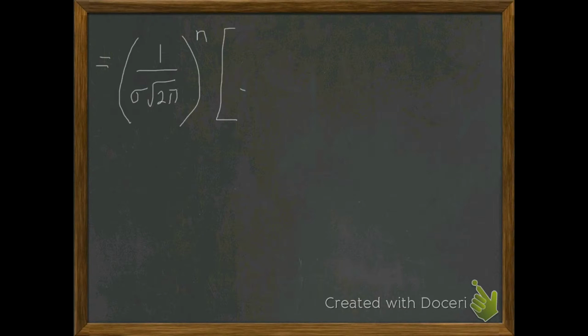So it should be no stretch of the imagination that we're going to have base e, and we're going to have negative x1 minus mu squared minus xn minus mu squared, all divided by 2 sigma squared.